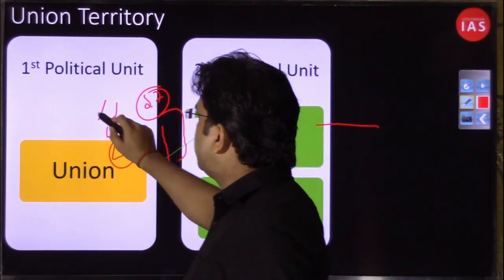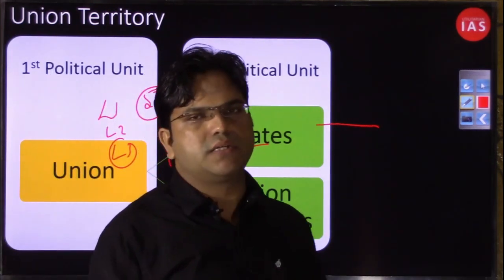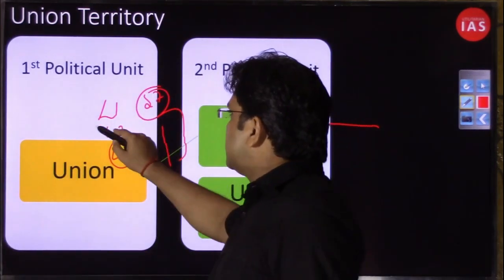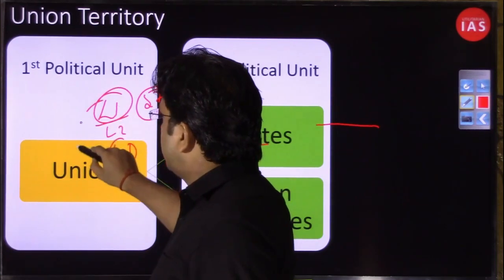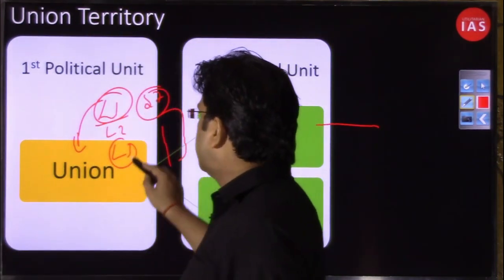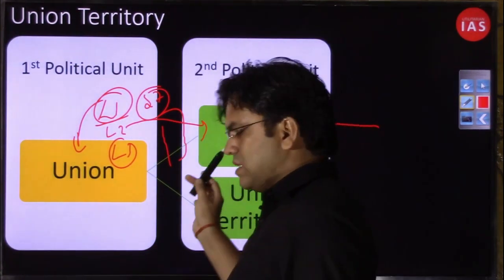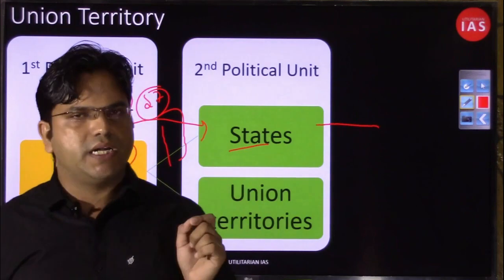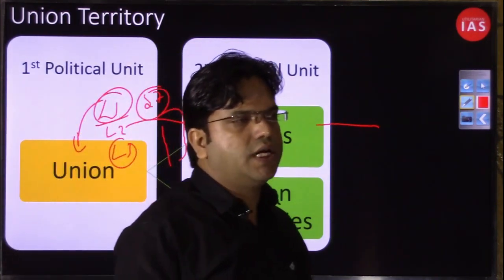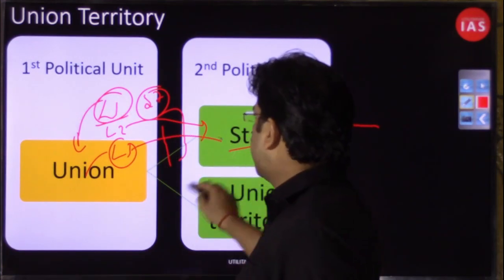There are different matters in these lists. On the matters mentioned in List 1, legislation can be made or enacted by the union. On the matters in List 2, legislation can be enacted by the states, and List 3 is the concurrent list, on which both union and state can legislate.